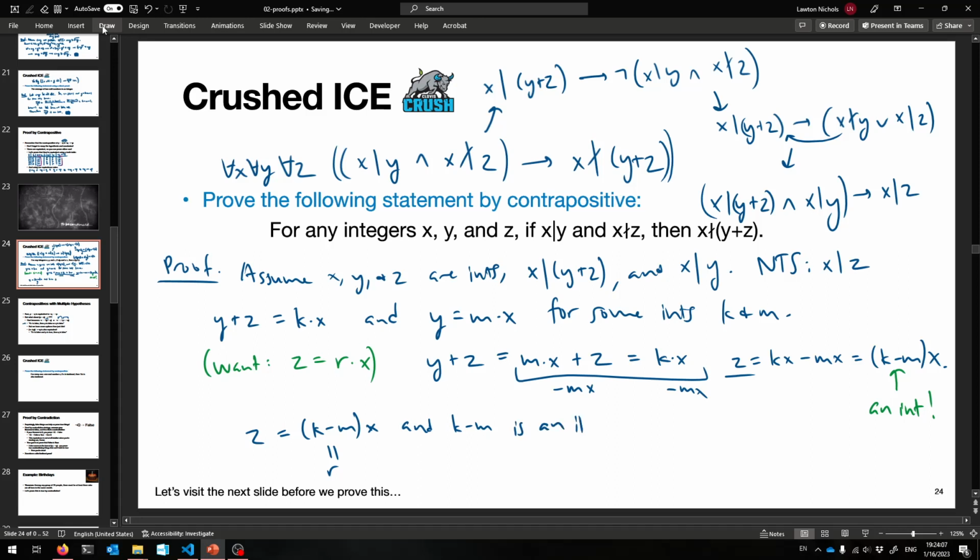So there's a lot of little side conditions you need to keep track of, but it all follows. So I found an integer, multiply it by x, I get z. That's what we need to show in order to say that x divides z. I found something you can multiply by x and get z. That was an integer. All right, so x divides z.